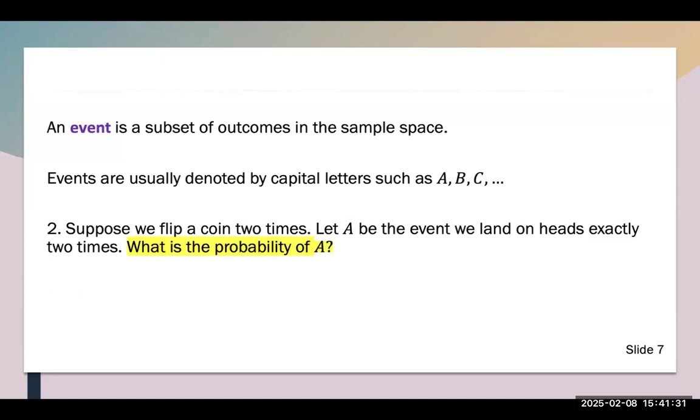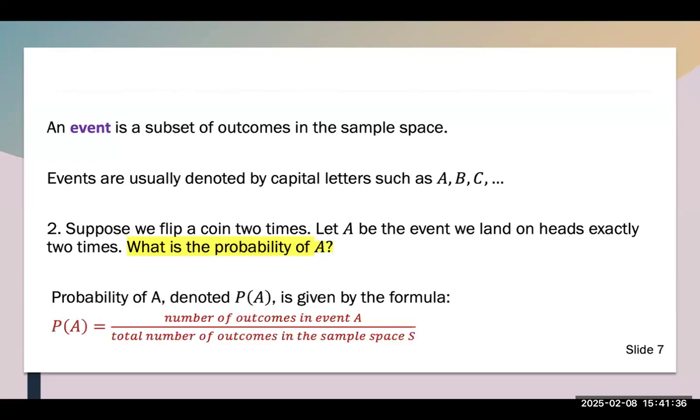Now, what is the probability of this event? So the probability of A, we denote it as P of A, so we put in parentheses A. It's given by this formula, where we count how many outcomes are in the event A, and we divide that by the total number of outcomes in the sample space.